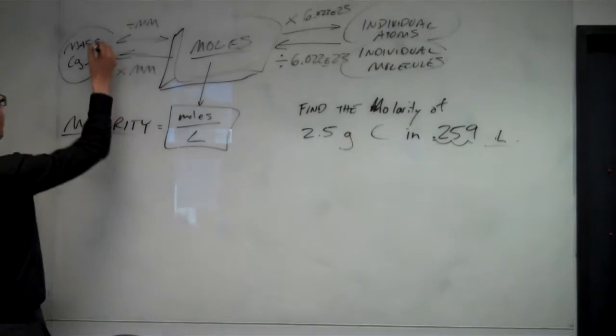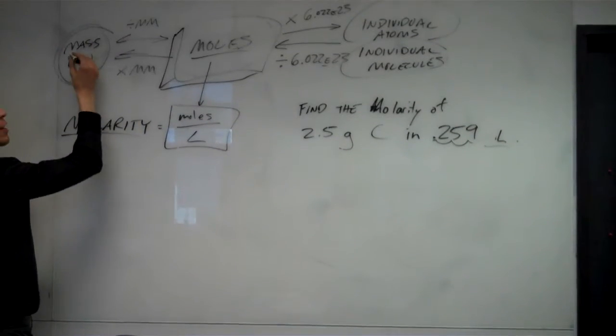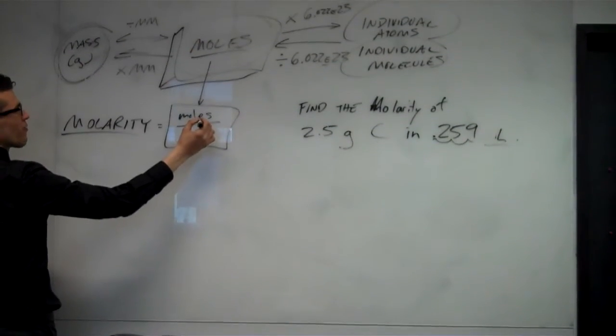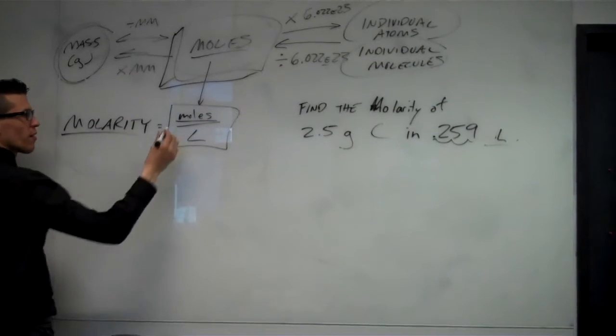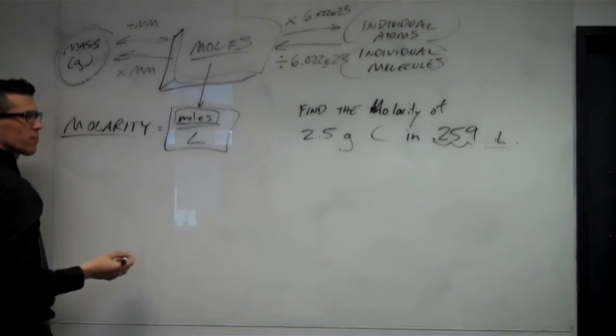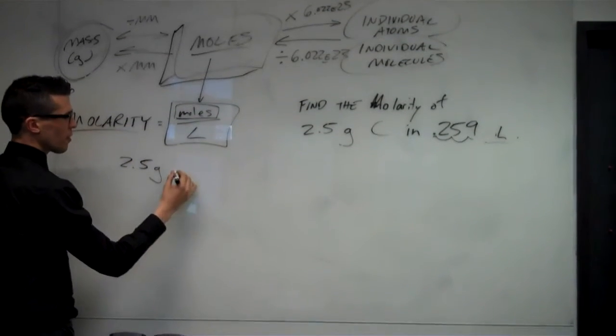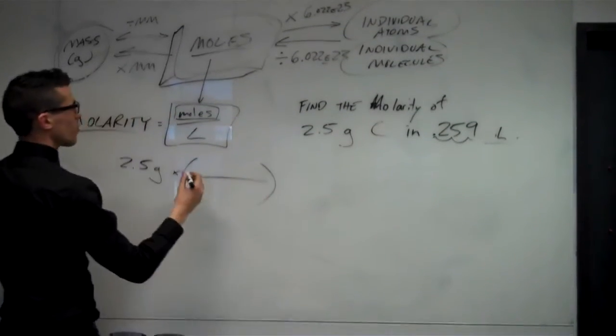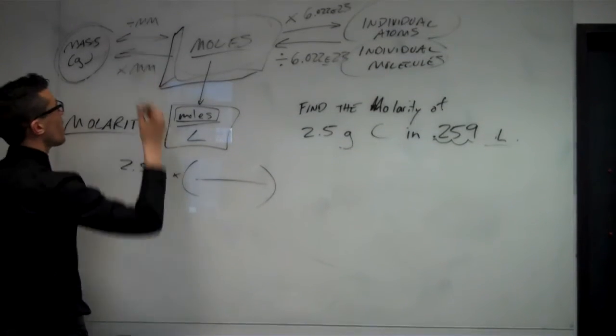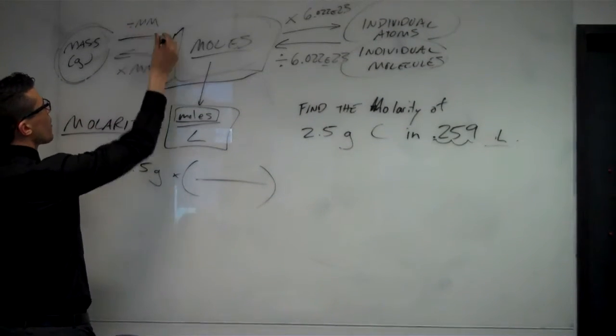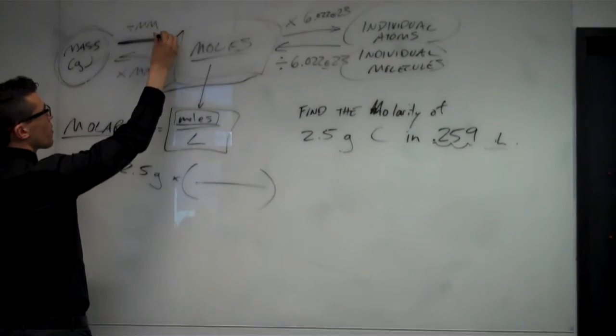So we start off over here in grams, and we're going to find moles and put the moles right there. Okay, so let's do this. 2.5 grams of carbon. How do we find that? Well, we divide by the molar mass, right? That's the arrow going this way.